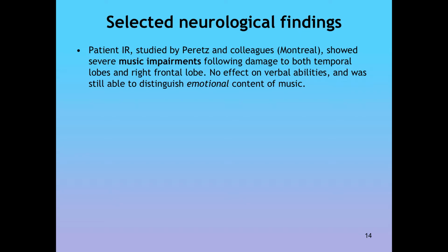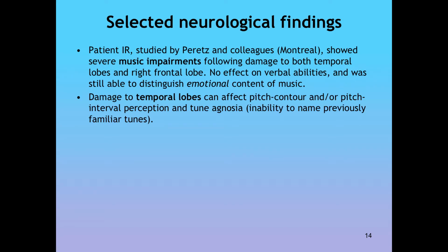What was interesting, though, is that the patient could still perceive the emotional content of the music, so they could tell whether the music was happy or sad, even if they couldn't recognize the melody or distinguish the pitches of the tones, which is kind of interesting, but it may be that that kind of frontal region that was left over was doing some of this emotional processing of the music, or some other part of the brain that was still there.